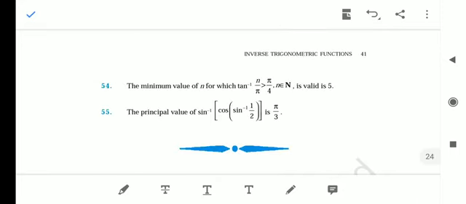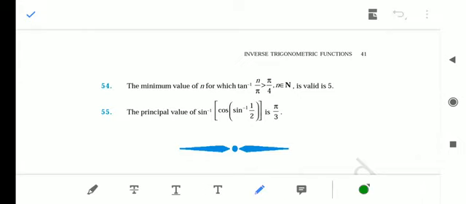So look at the last question of the exemplar exercise. What is the principal value of this? Can you suggest sin inverse 1 by 2? In case of sin, the value 1 by 2 corresponds to pi by 6. So sin inverse 1 by 2 is pi by 6, and then cos pi by 6.